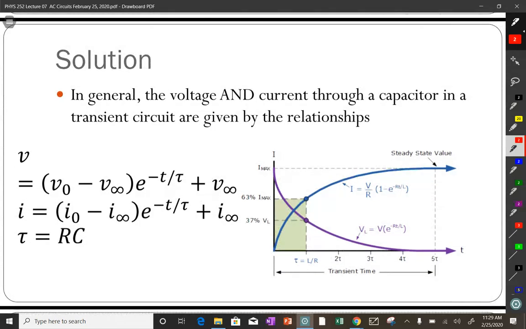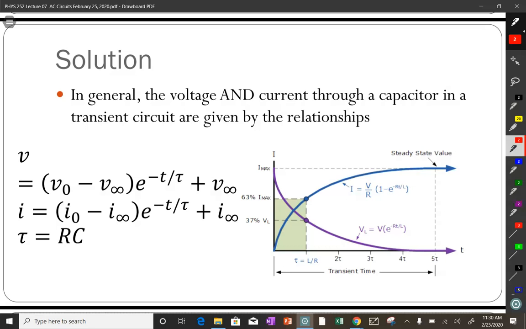And we came up with the equation for the voltage across the capacitor: the voltage it had at the instant you flip the switch, minus the voltage it will have after it's been in that position for a very long time, times e to the minus t over tau, plus the voltage it has during rest time, where tau is RC. And likewise, the current is the current it will have immediately after you flip the switch.